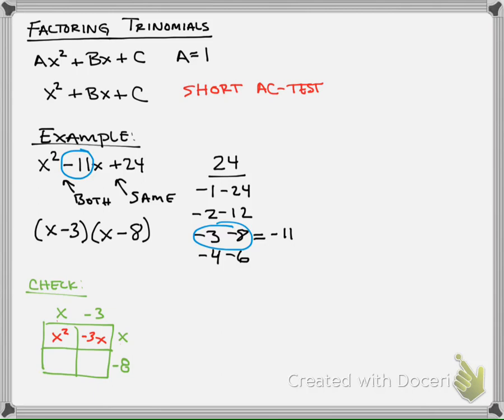Multiply x times negative 8, I get negative 8x. And multiply negative 3 times negative 8, and I get a positive 24. So my binomial ends up giving me x squared minus 11x plus 24. Here I got what my original question was, and I see that these are in fact the factors. So let's try another one.